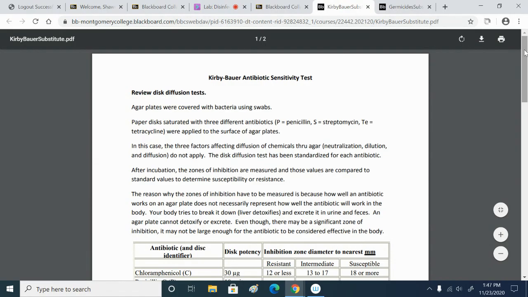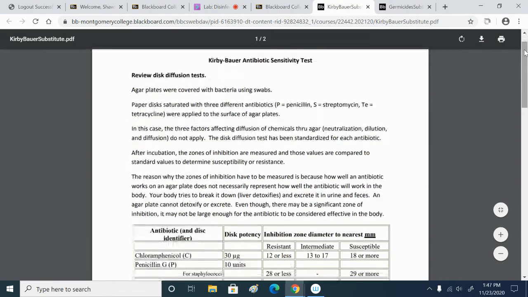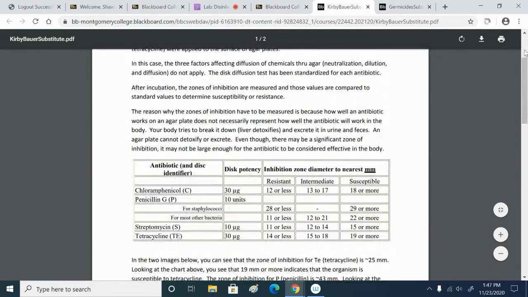So it may work on a plate, but not well enough, right, to be considered effective in the body. So when it comes to the antibiotic testing, we have to measure the diameter of the zone of inhibition and look at a standardized table like this one to determine if the organism is susceptible or resistant to the antibiotic.